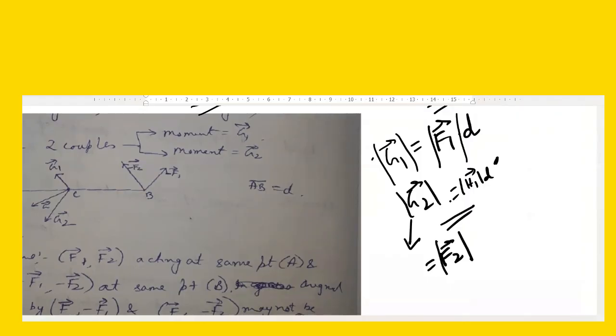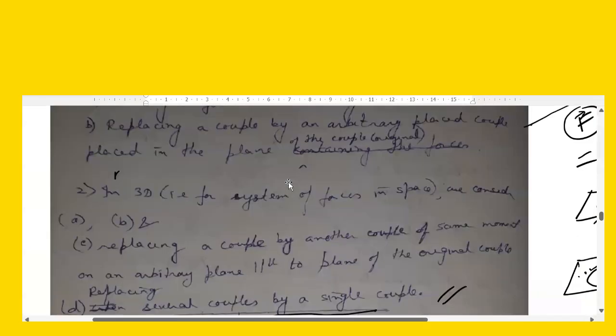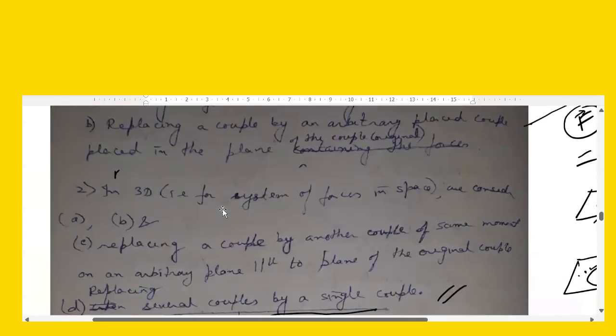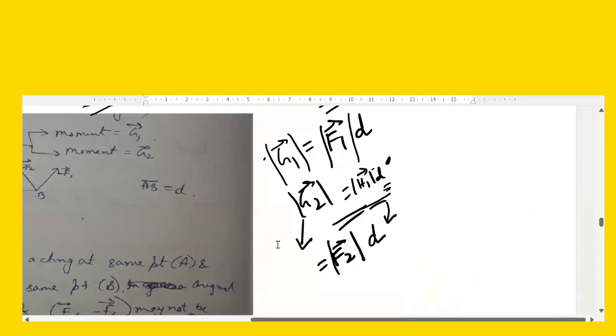Since these two are separate couples, they will not necessarily be of the same distance, so D dash, but it will now be made equal to D. So G2 is replaced by this one. We can do this because of the second tool we have considered here, or you can say the third tool, because you can take it in a plane parallel to it. It is a valid operation, so we can make this replacement without violating any theoretical assumption.